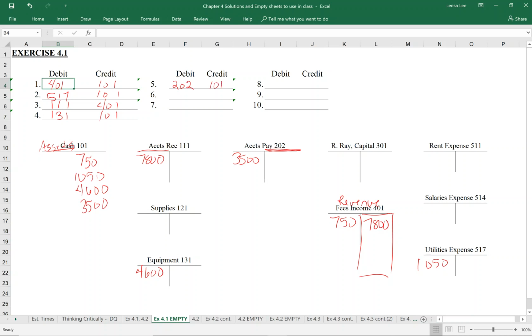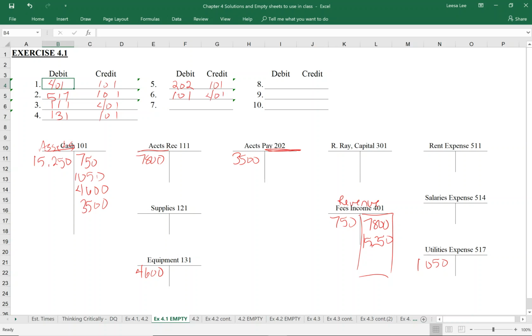Number 6, we perform services for $15,250 in cash. We are gaining cash this time, so $15,250, and our fees income, $15,250. So your answer is going to be 101 and 401.